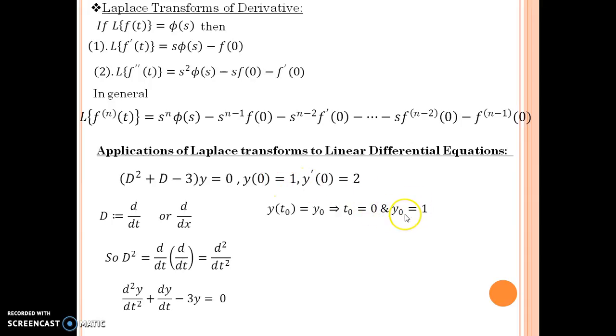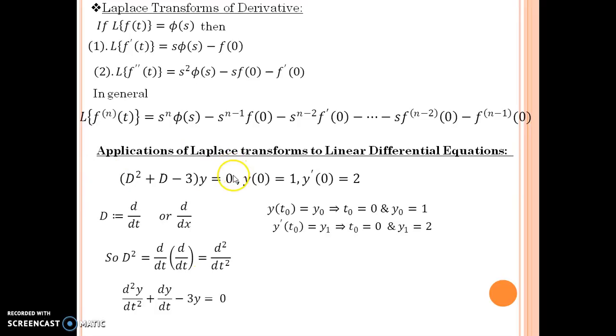And what is y0? It is 1. So you compare it, you get the values. What is over here? The meaning is y dash at t0 is y1. That means t0 is 0 and y1 is 2. Are you getting that? So all these conditions have their meaning, and this differential equation also has its meaning.